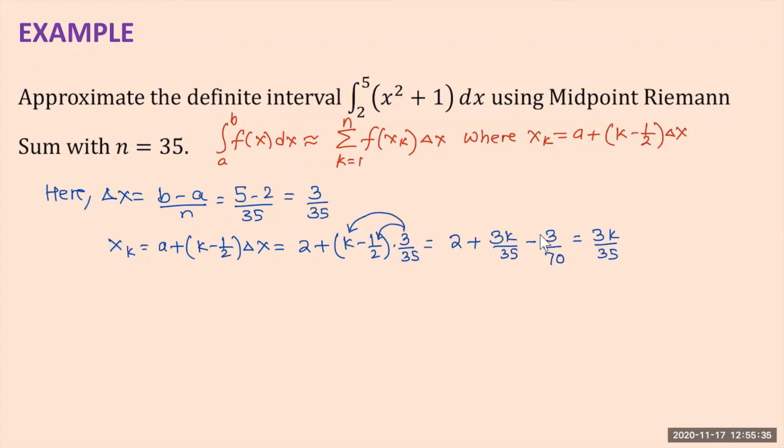Let me write it like this: plus 137 over 70 in the denominator. So that is the value of xk. xk is equal to 3k over 35 plus 137 over 70. If you want to simplify further, you can do it, or you can just leave it here. That's totally fine.